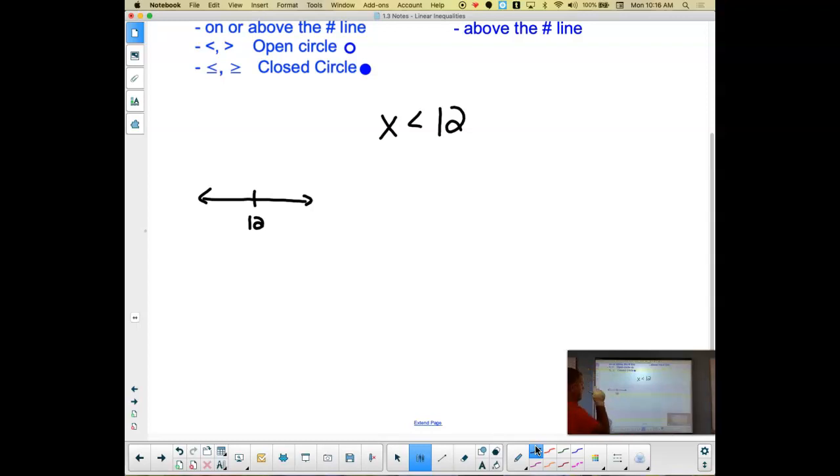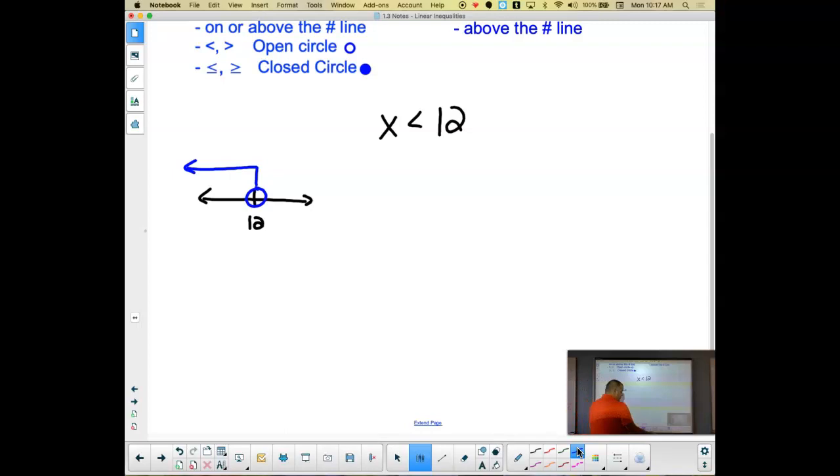Okay? So since it's less than, I'm going to go with an open dot. Okay? There. And less than tells me that I'm going to go to the left because smaller numbers are on the left, bigger numbers are on the right. Okay? That's one way of graphing that one.